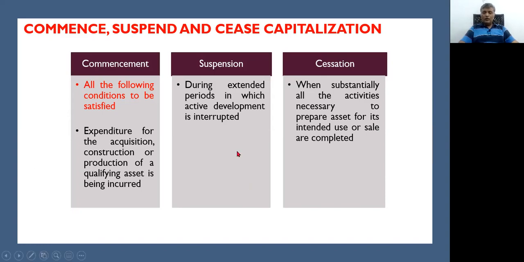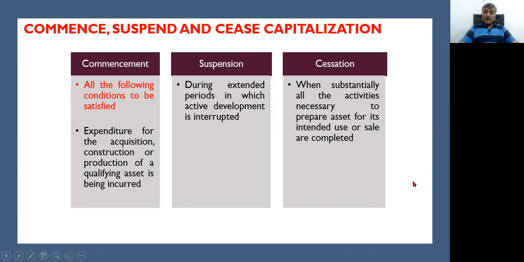You need to suspend only during the periods in which the active development is interrupted. It should be a genuine interruption. If there's only a temporary interruption, then you need not suspend the capitalization. That's the essence of the standard.